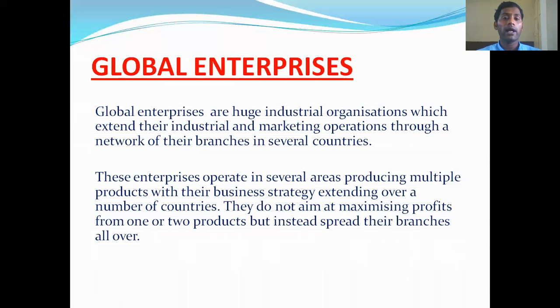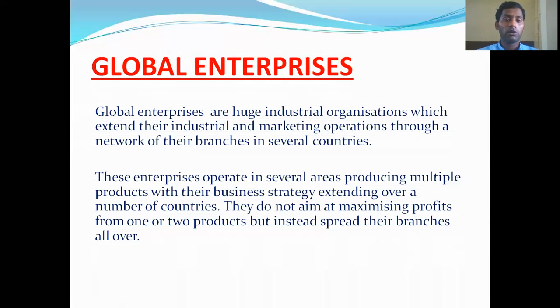So it is very easy for them to extend their market like anything, because they have branches in each and every country.